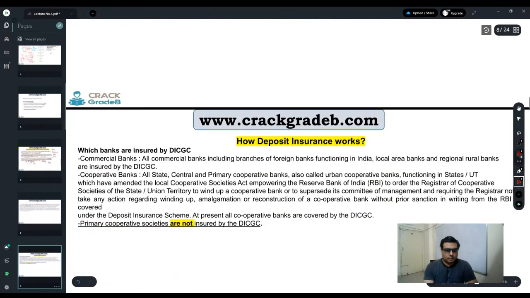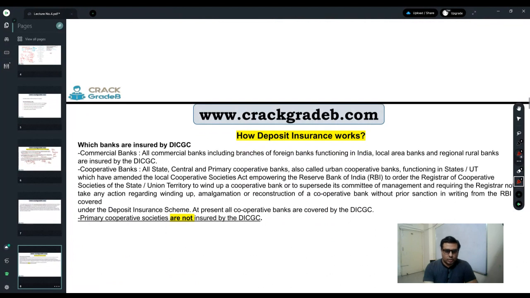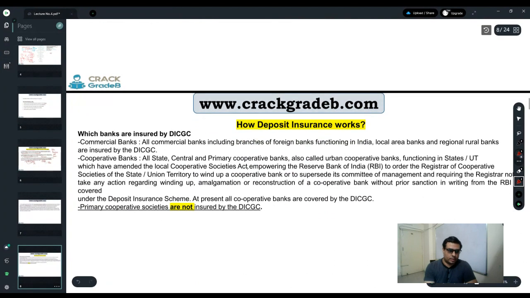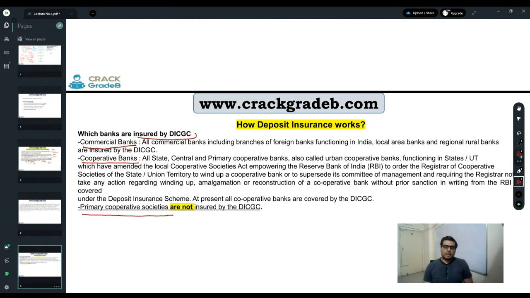Now let's discuss how this deposit insurance works. Which banks are insured by DICGC? All banks in India are insured by DICGC, whether they are commercial banks or cooperative banks. What is not insured? Primary cooperative societies.